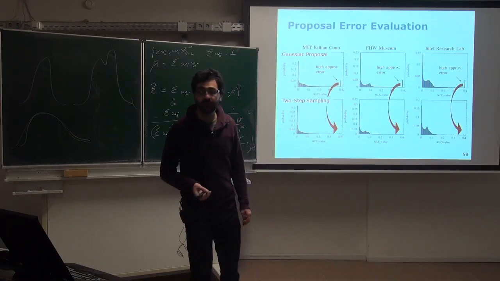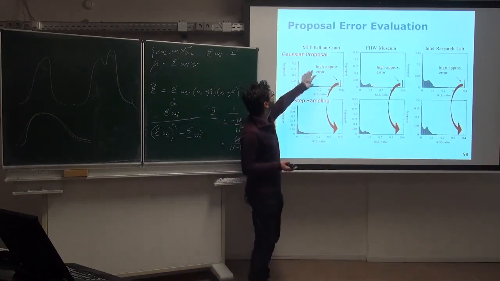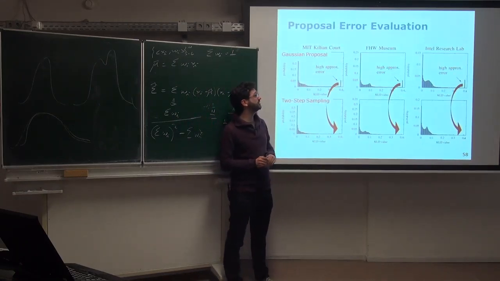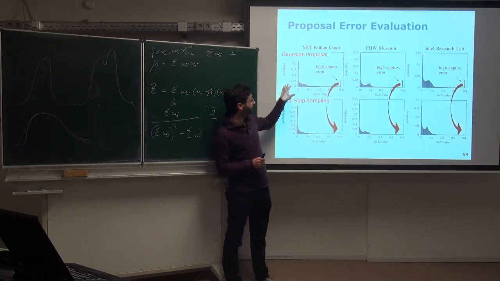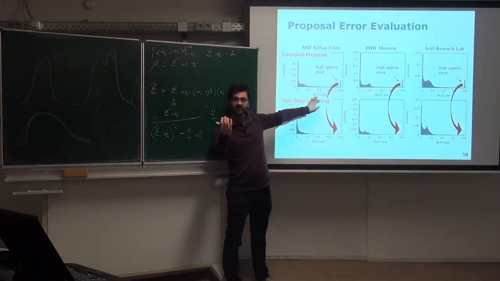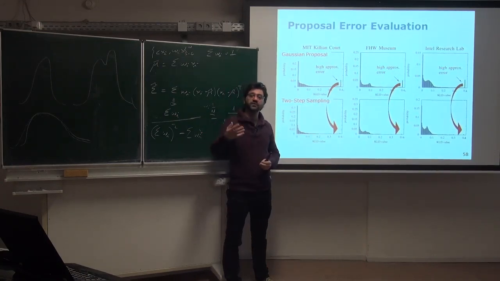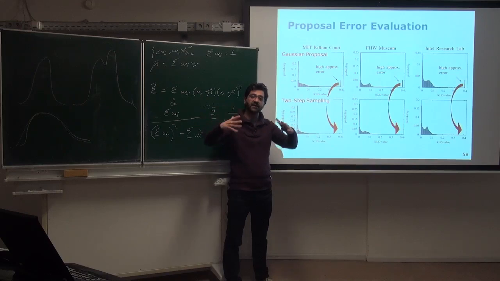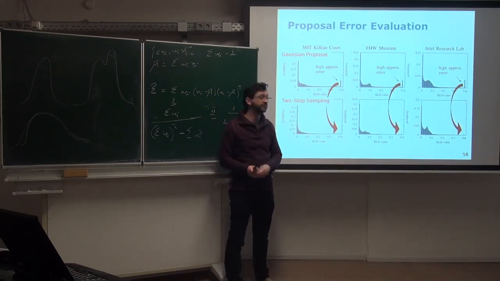Okay? If we now do a bit of proposal error evaluation, so let's say the divergence between the proposal distribution that we have as approximation and the true distribution, evaluated in a discrete way. So we just have a discrete grid and we have a full evaluation of this distribution.